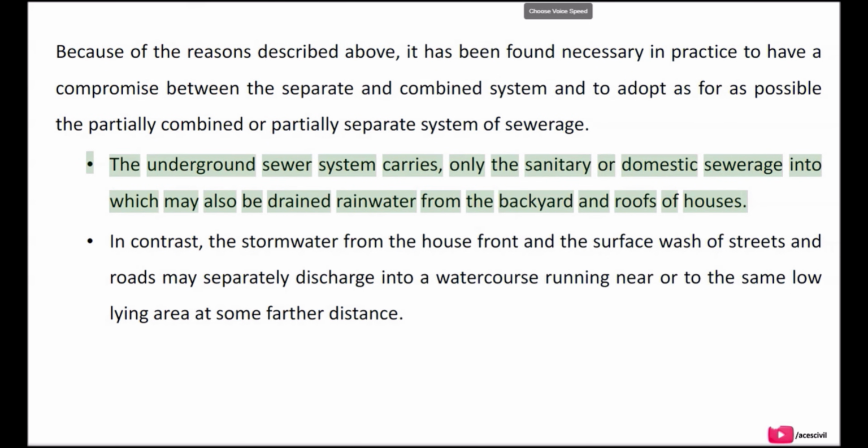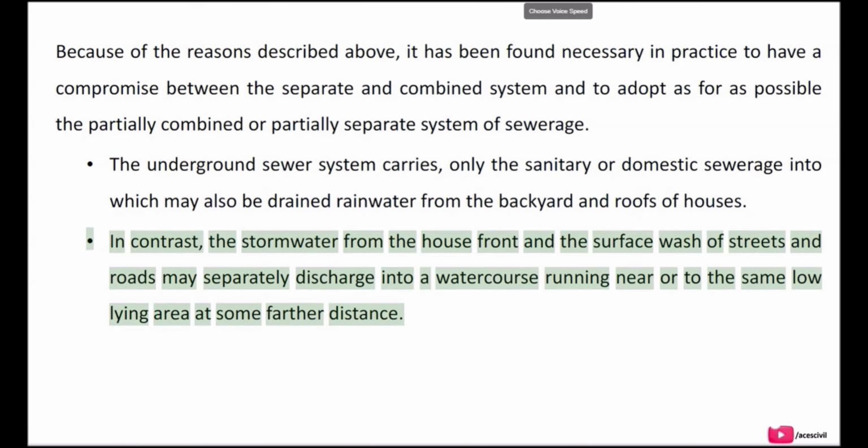The underground sewer system carries only the sanitary or domestic sewage into which may also be drained rainwater from the backyards and roofs of houses. In contrast, the storm water from the house front and the surface wash of streets and roads may separately discharge into a watercourse running near or to some low-lying area at some farther distance.